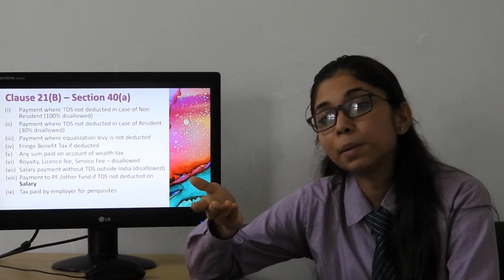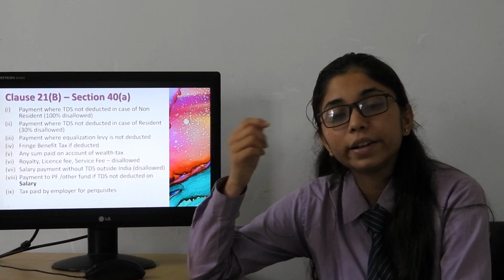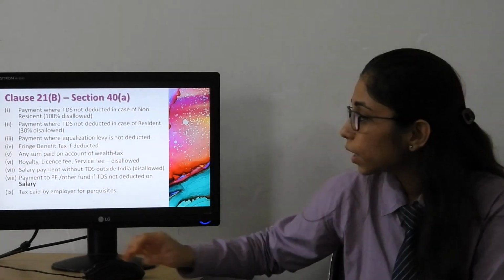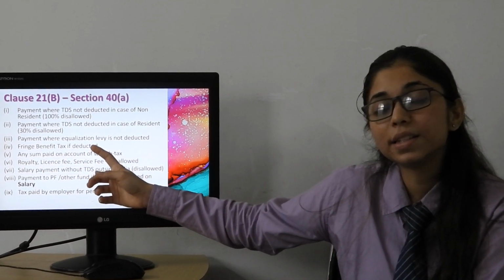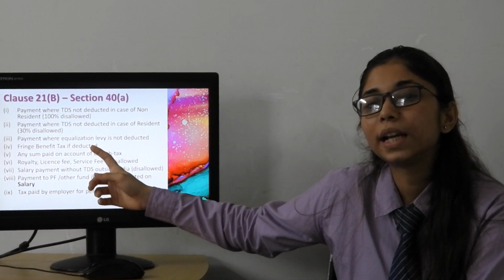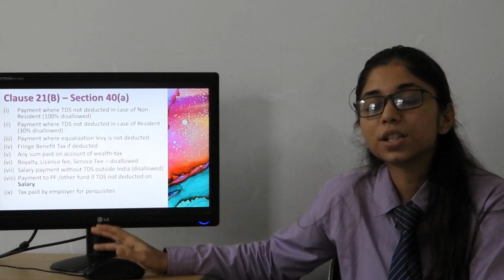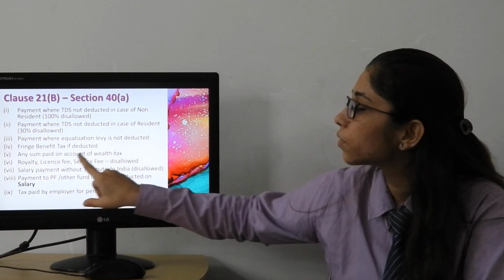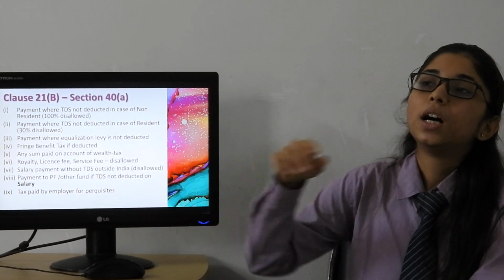If you have made any payment to a resident person, but you have not deducted TDS, then 30% of the expenditure would be disallowed. Next, payment where equalization levy is applicable and you have not deducted any equalization levy, then such expenditure would be disallowed. Same in case of fringe benefit tax, wealth tax, royalty, license fee, service fee, etc.